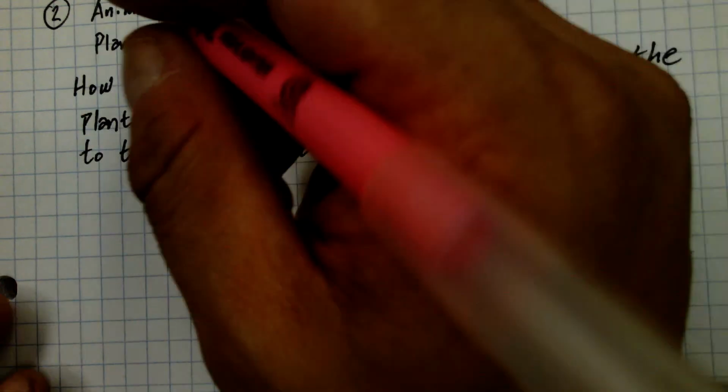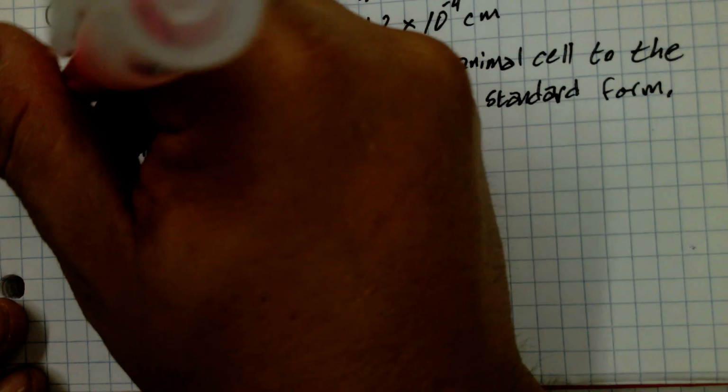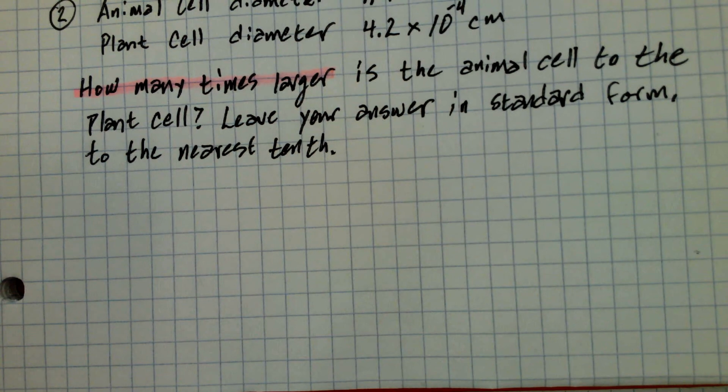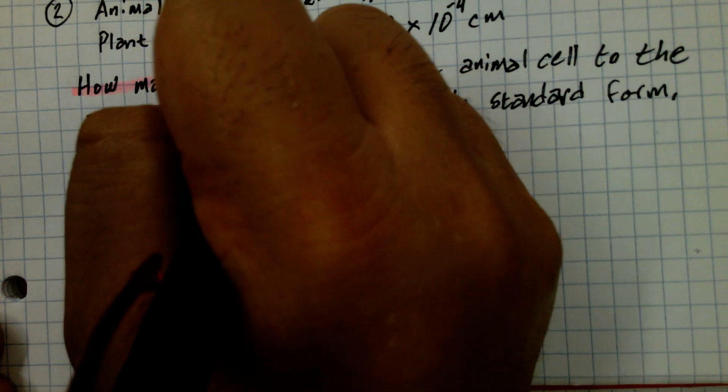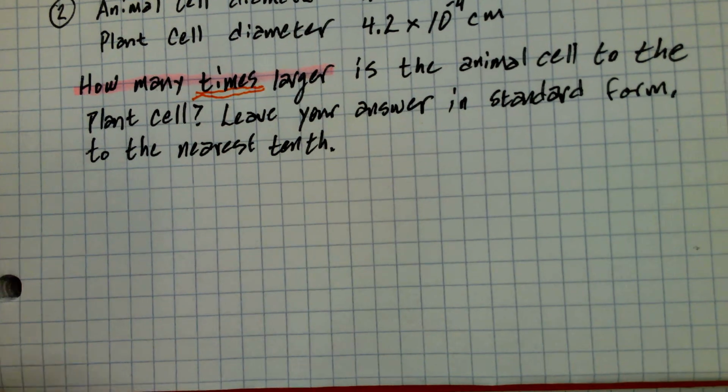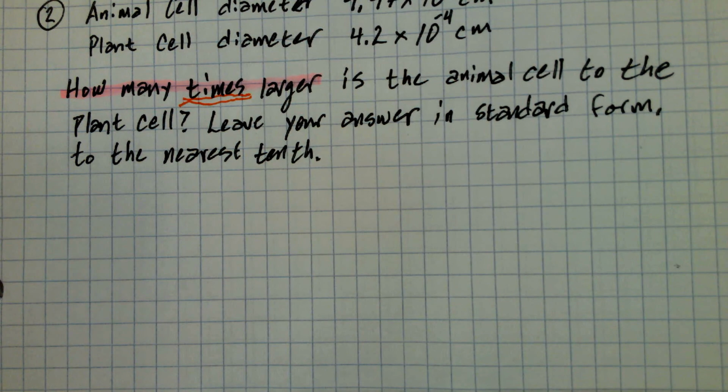And it's asking how many times larger, with emphasis on the word times. How might that be different than if we were to ask how much larger? Here they're asking how many times larger, which is different from how much larger.